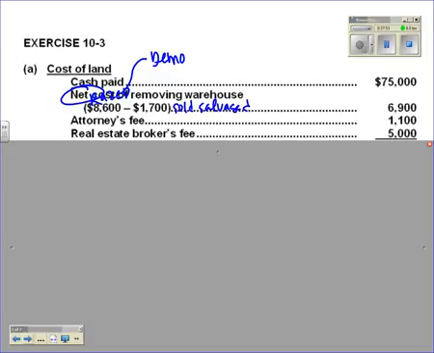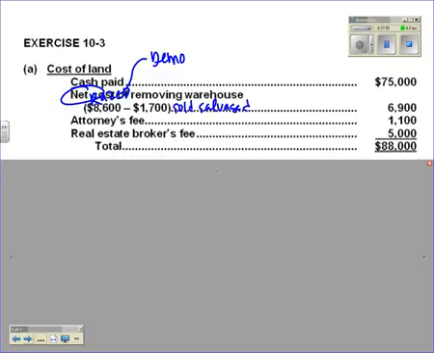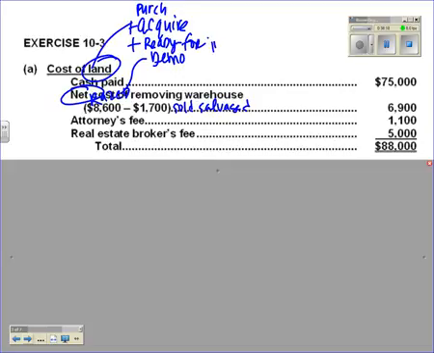Now, why am I going to stop there? The rest is not the land, it's the construction of the new building. So this is basically the purchase plus acquiring, plus getting it ready for its intended use. $88,000 worth of just land.